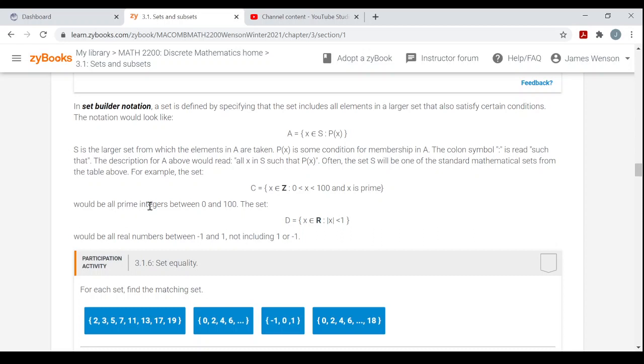So this is all the prime integers between 0 and 100. That's what this is describing. Set D here is all the real numbers that are between -1 and 1. All the real numbers that have an absolute value less than 1. Not including -1 or 1 though, because those don't have an absolute value less than 1. Those have an absolute value equal to 1.